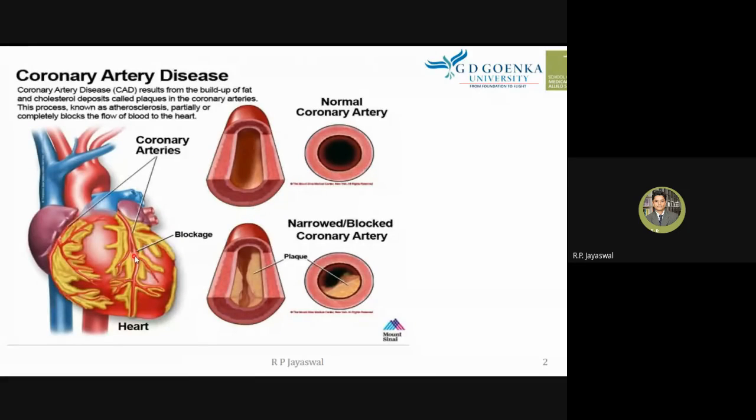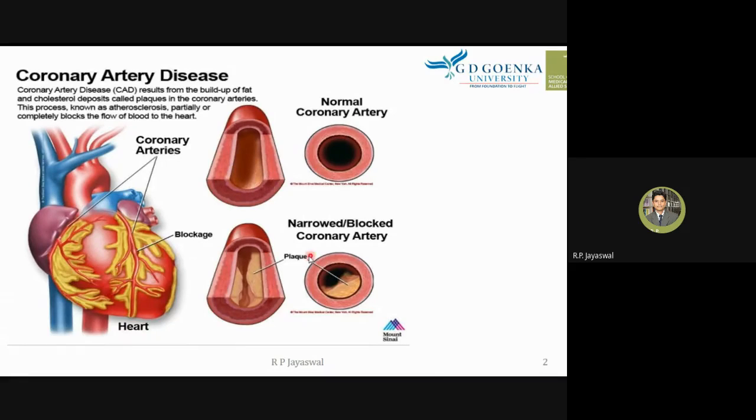If you see the enlarged view of this coronary artery, here the normal coronary artery looks like this. The lumen is wide and healthy. There is no occlusion, no pathological changes in the lumen, basically in the intima region.